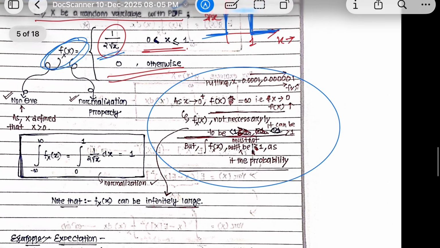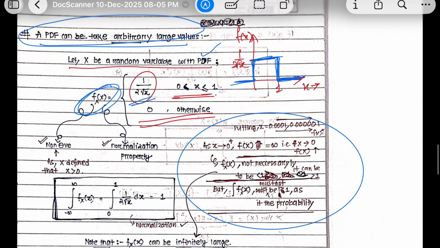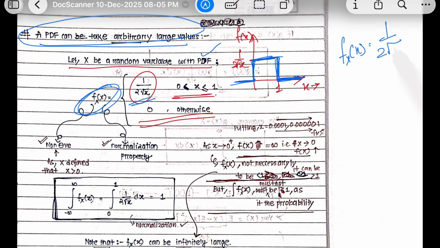so for understanding these things, you need to put in values and check. First, put in f of x. This is saying that if you let the value tend to 0 plus, just above 0, then the value of f of x increases.